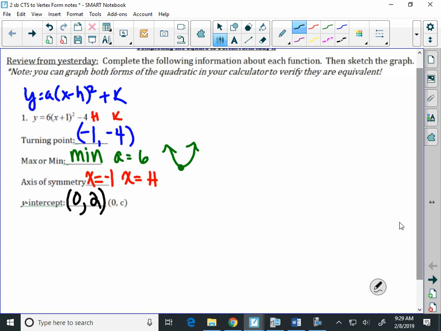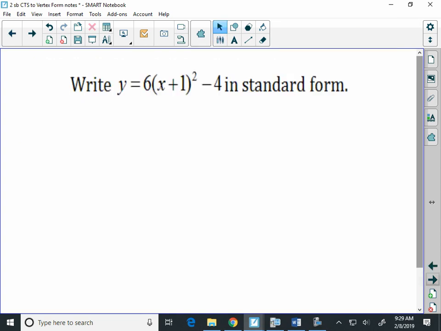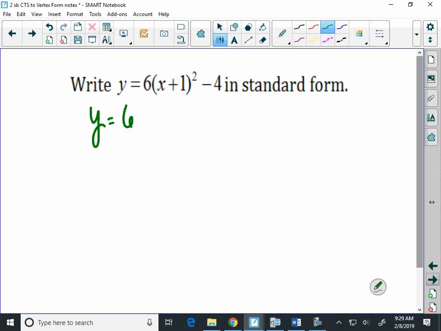So I'm going to flip the page here. It's off to the right on your notes. But we want to write the same equation in standard form. And consequently, what has to happen is we're going to multiply it out. So this is 6 times (x plus 1) times (x plus 1) minus 4.